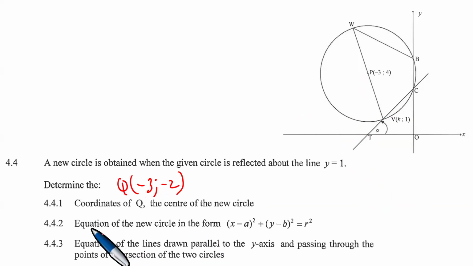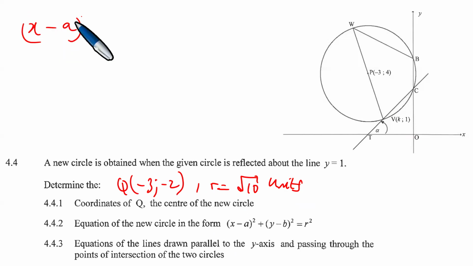Remember that because it's this one reflected, it's going to have radius square root of 10 units, and that means we'd have x minus a squared.